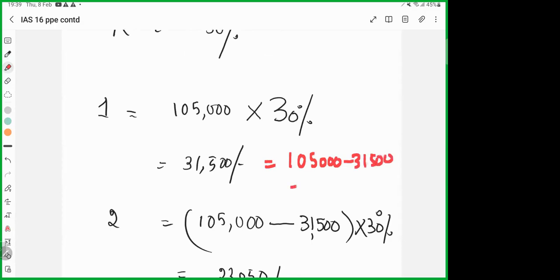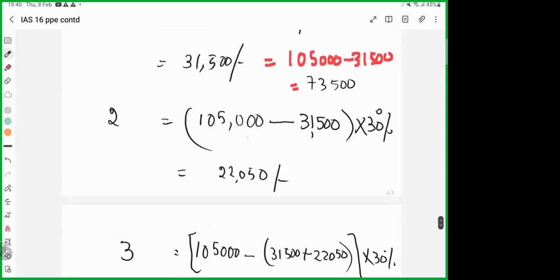What is your answer? 73,500. When you calculate year 2, instead of this, you take 73,500 into 30%, and you will still get this answer.